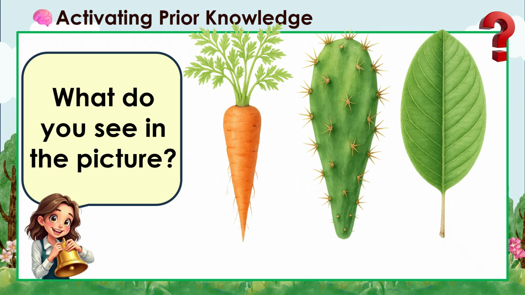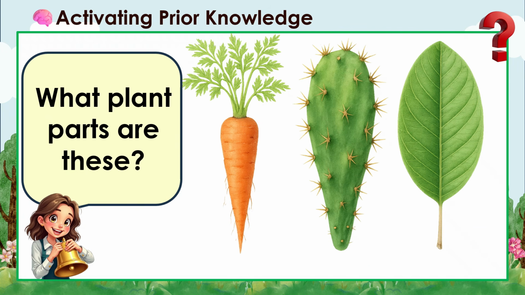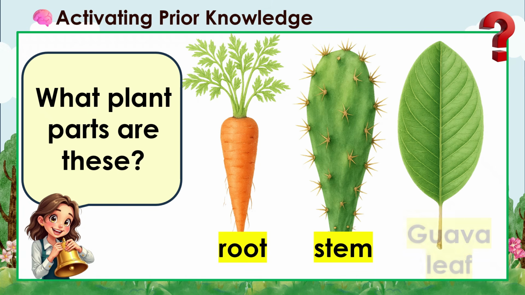What do you see in the picture? Yes, this is a carrot, cactus, and a leaf of guava. What plant parts are these? So the carrot is correct, it's a root. The second is this is a stem. And of course, this is a leaf, a guava leaf.